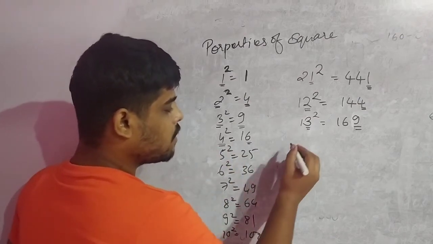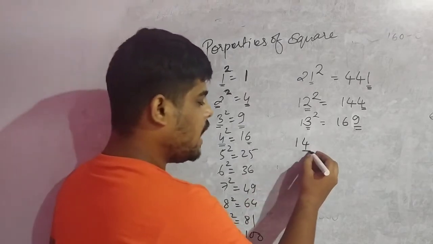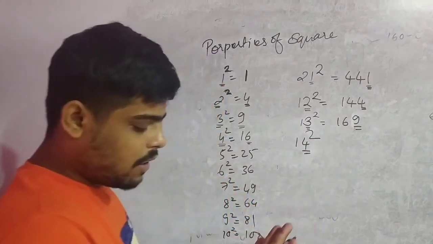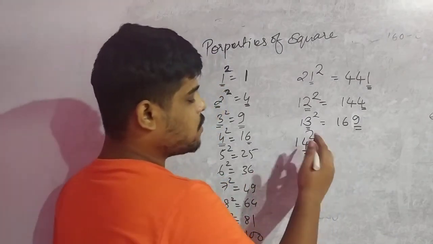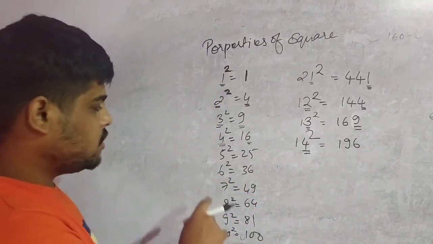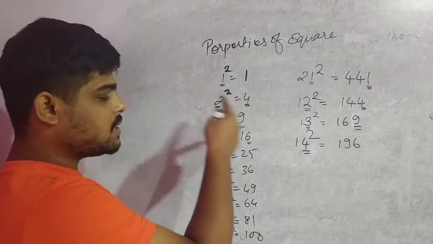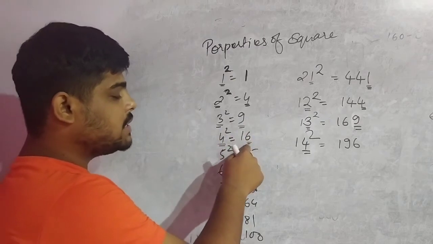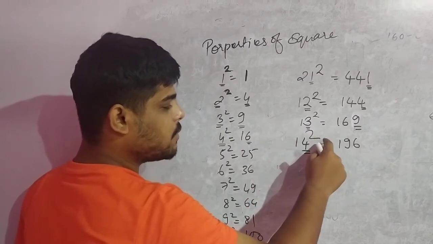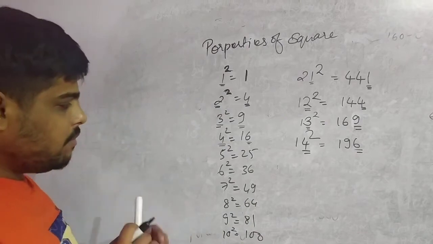See here. 14 is a number which contains 4 at the ones place. 14 का square is 196. मैंने आपको बताया था कि अगर किसी नंबर में 4 ones प्लेस पे है तो उसके स्क्वायर में 6 ones प्लेस पे होगा. ठीक है, तो यहां पर 4 ones प्लेस पे था तो इस नंबर का मैंने स्क्वायर किया तो यहां पर 6 देखिए ones प्लेस पे आया. ओके.